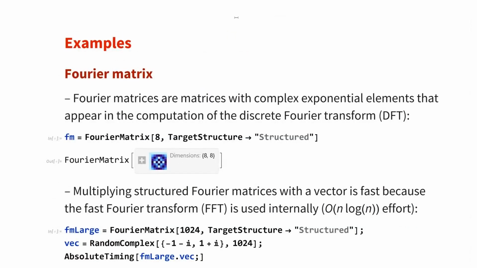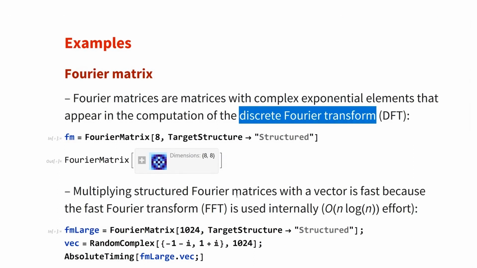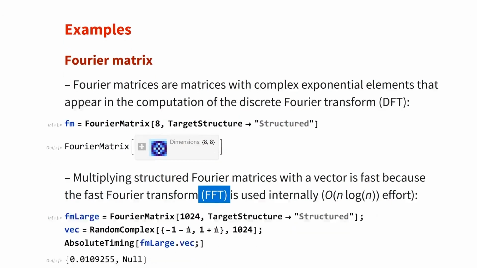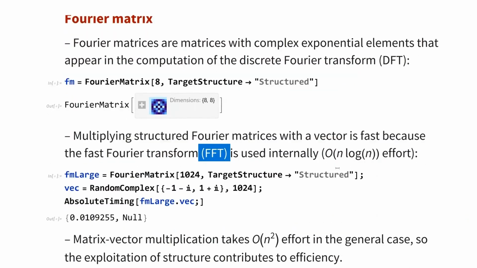Okay, so now let's move on to Fourier matrices. Fourier matrices are very important in applications, particularly the fast Fourier transform, which is an implementation of the discrete Fourier transform. There's a classic algorithm, Cooley and Tukey, which gives you a fast Fourier transform, and it saves quite a lot of effort.